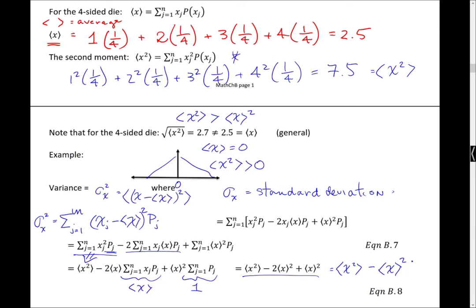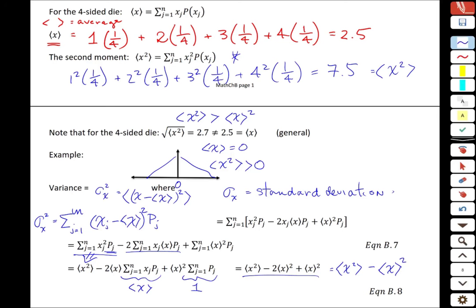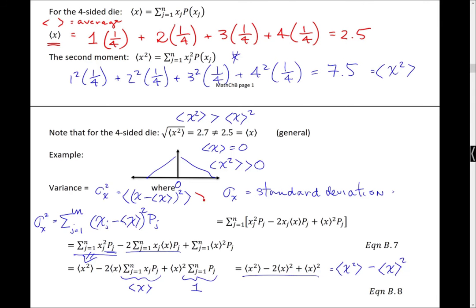All right, so I want to take a moment to prove that this is in general true. All right? And so what I want to do is just point out, if I look at this value, x minus, so my observation minus my average value squared, that's always got to be a positive value, right? So this is always greater than 0.